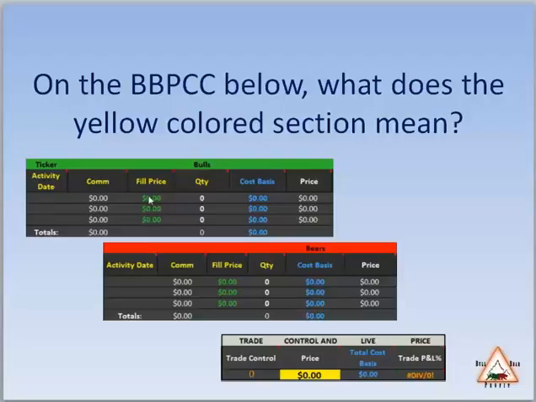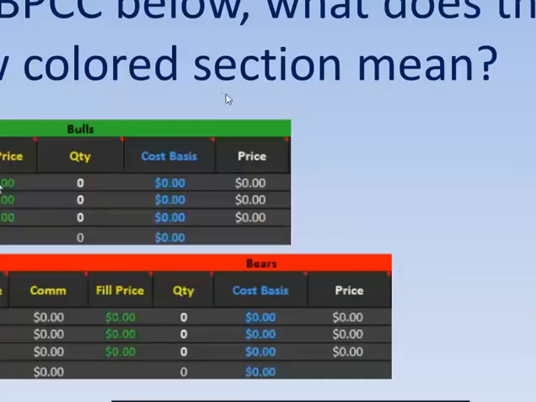On the bull bear profit concept calculator below, what does the yellow colored section mean? The information that you enter. Correct. It's all the stuff that you can enter.